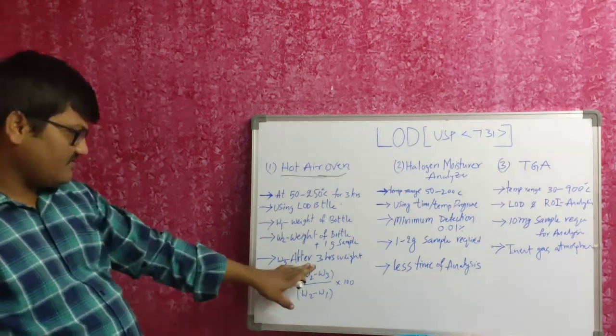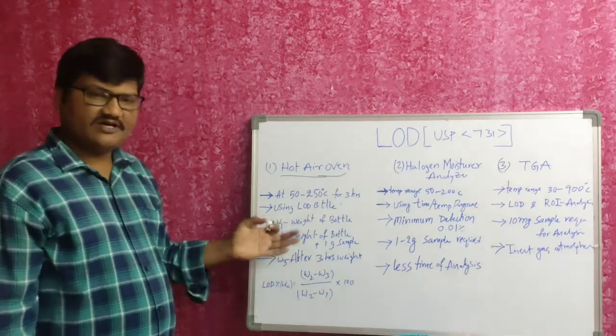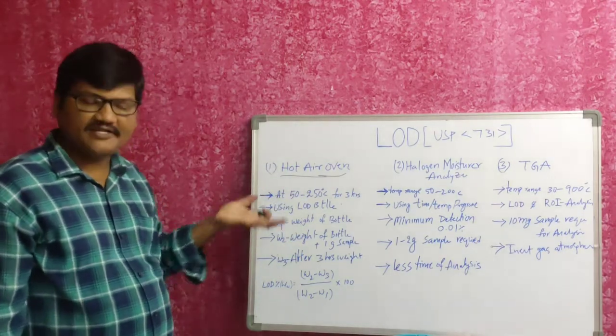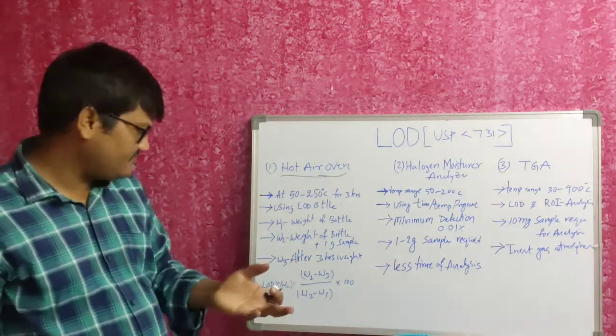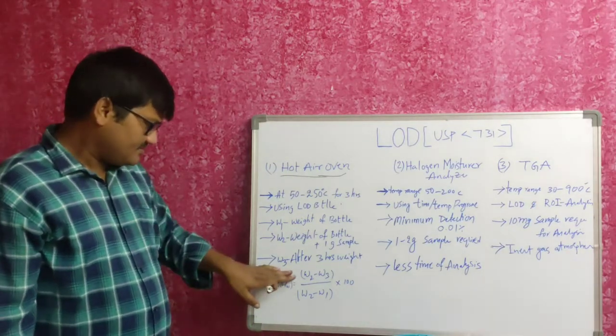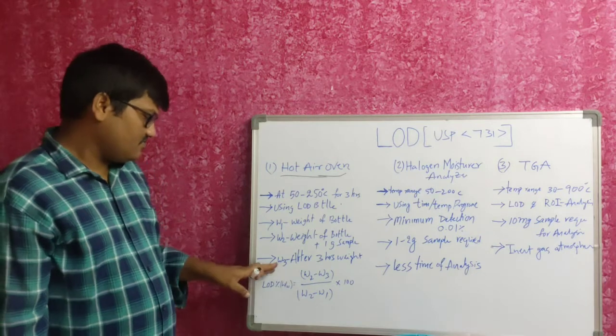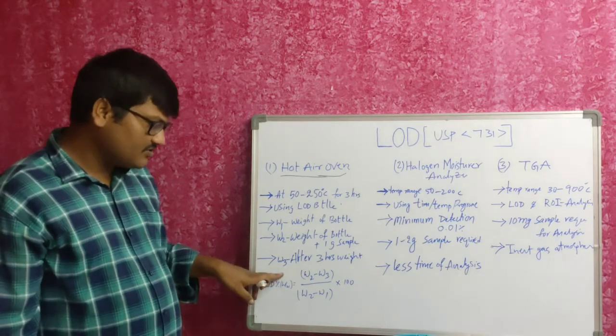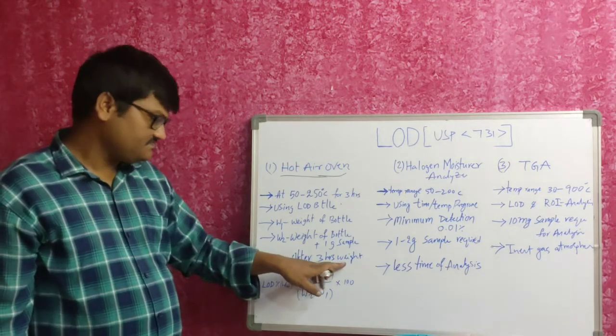After 3 hours, we remove it and keep it in a desiccator for 30 minutes to cool to room temperature. Then after cooling, we weigh it as W3.